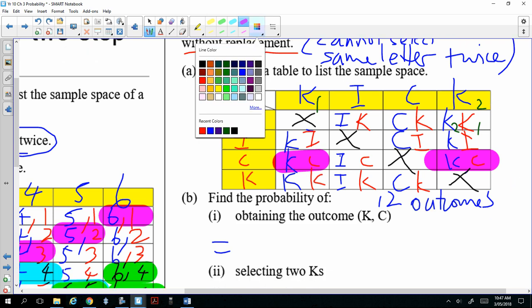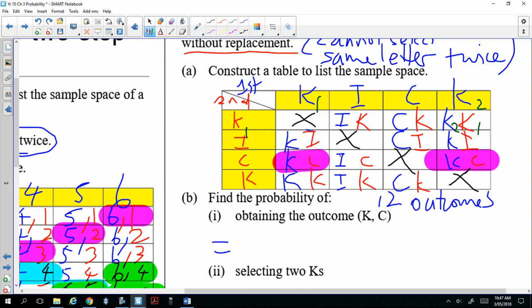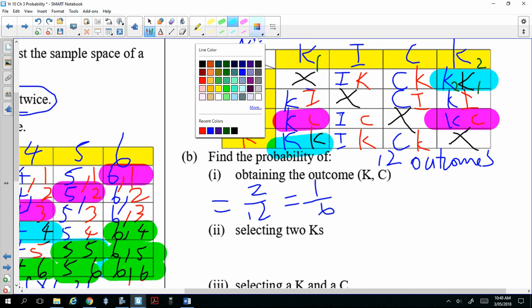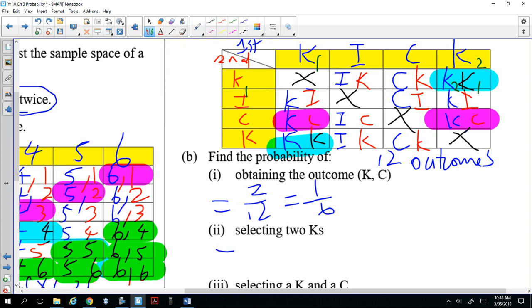What about selecting 2 Ks? Which ones have got 2 Ks? KK here and KK there. So it will be 2 out of 12, which is 1/6 again. All right, how about selecting a K and a C?